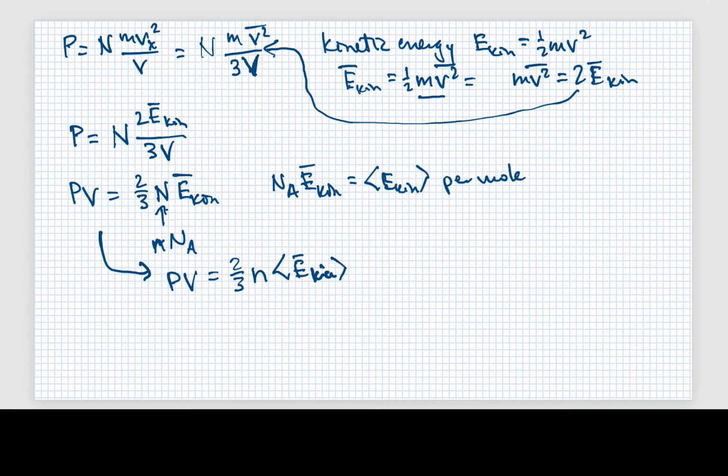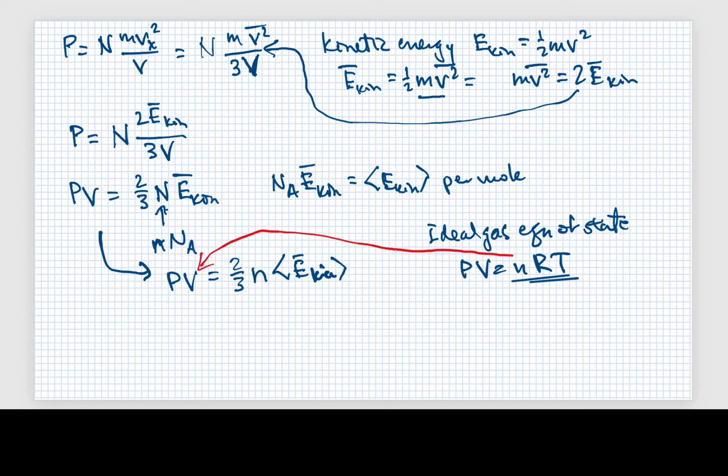But I also know from the ideal gas equation of state that PV is equal to the number of moles times RT. So if I substitute this in here for PV, I will end up having an equation that says that little n RT is equal to 2/3 little n times average kinetic energy per mole.